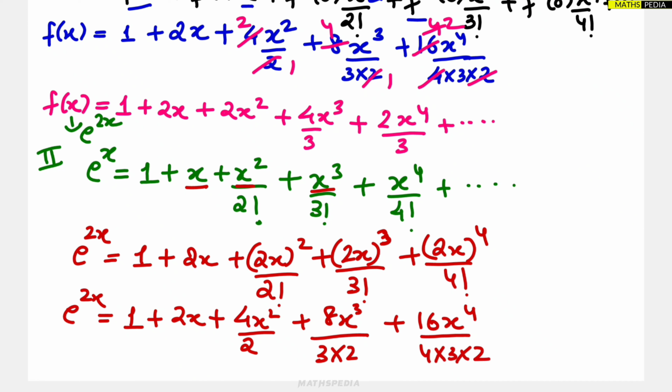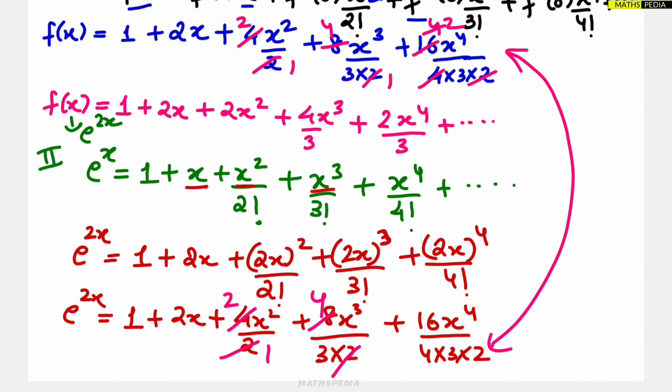Now if you see, it's the same thing as this, right? It is the same step as this. So if we simplify, you'll be getting: 2 cancel, 2 fours are 8, and 8 twos are 16. So you will be left with this thing. It's the same as this thing.